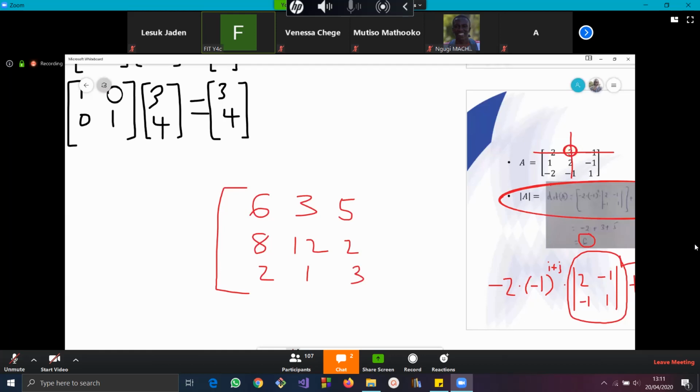We have a smaller value here, let's say 4. Matrix M, compute the determinant of this matrix.